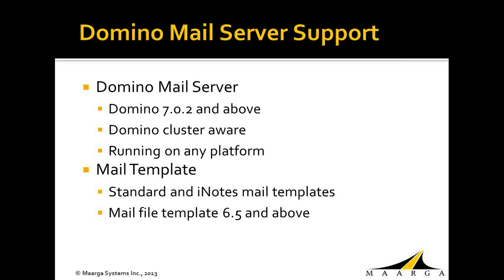The Traveler server running on Domino 9 can read mails that are stored in older versions of Domino server. And the Traveler service itself is cluster aware. That means, if you have a Domino cluster for your mail servers and the primary server for the user's mail file goes down, the Traveler server can make use of the additional cluster mate and read the user's mail from there, just like your Notes client will do.